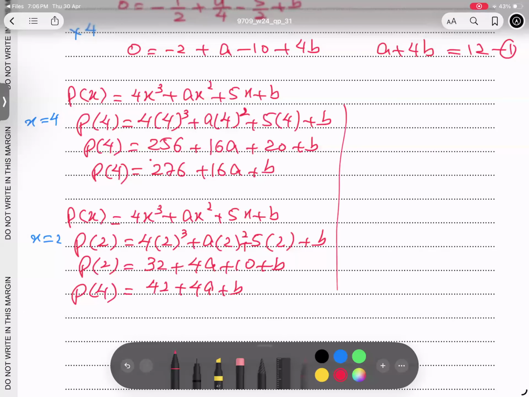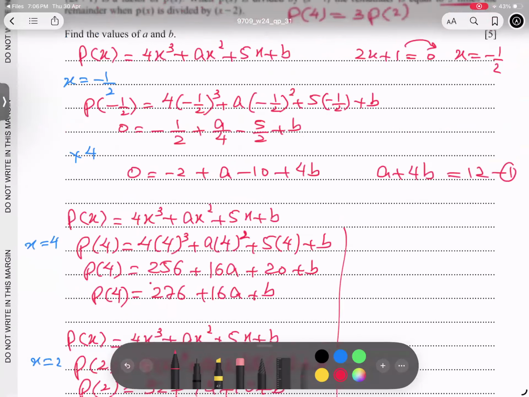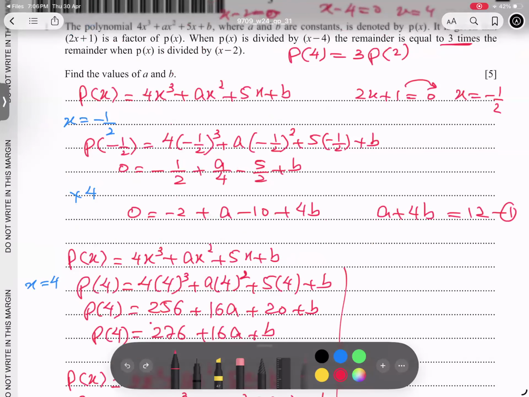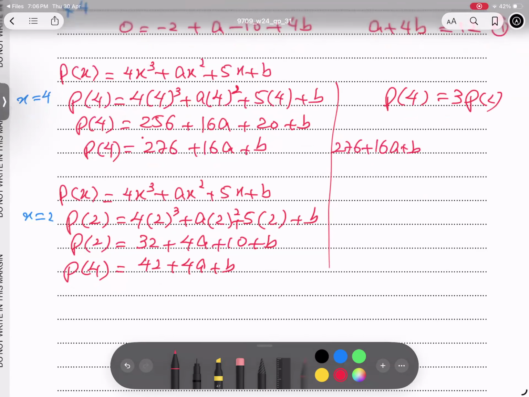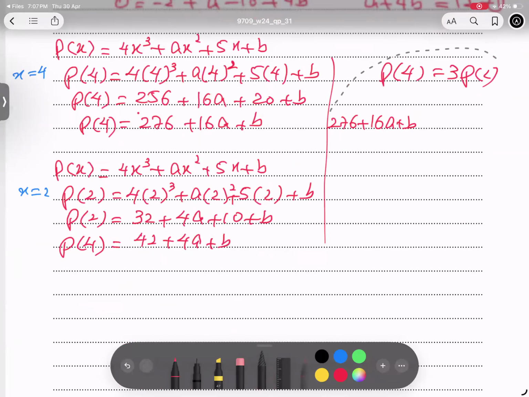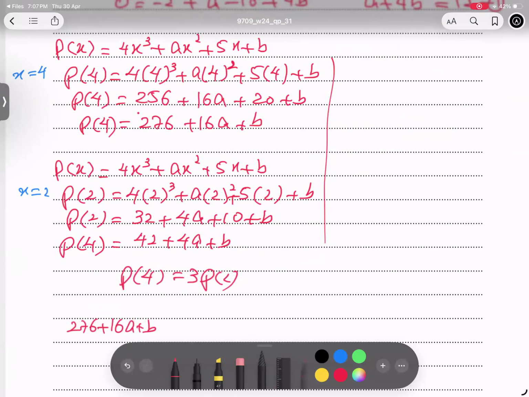And as he said, the condition mentioned at the top, this one. So P of 4 is equal to 3 times P of 2. So students, I'm going to plug in the values. So P of 4 is 276 plus 16a plus b. Okay, maybe we need a proper space, so I'm going down.